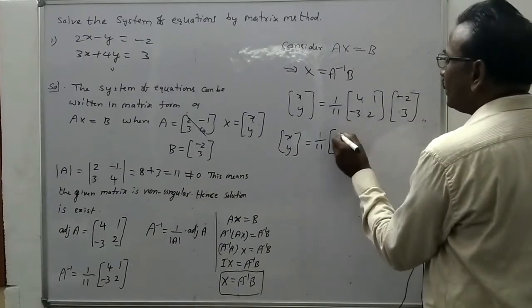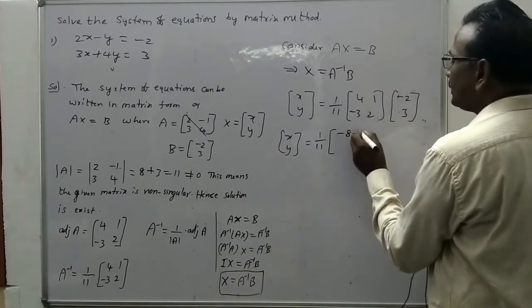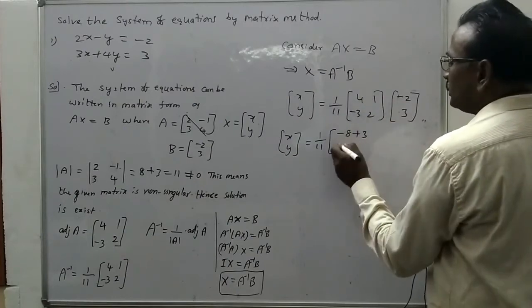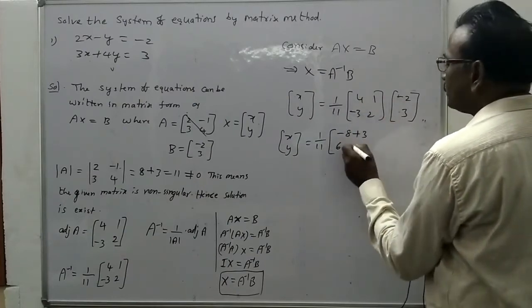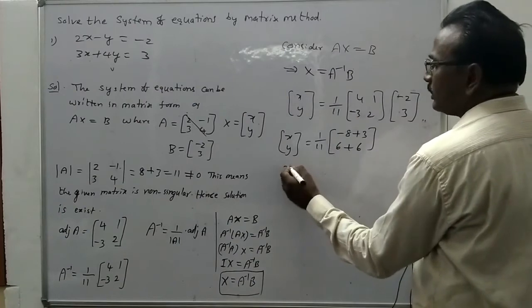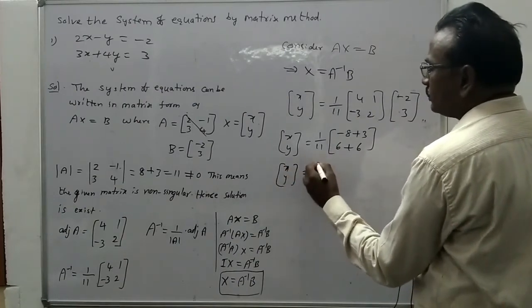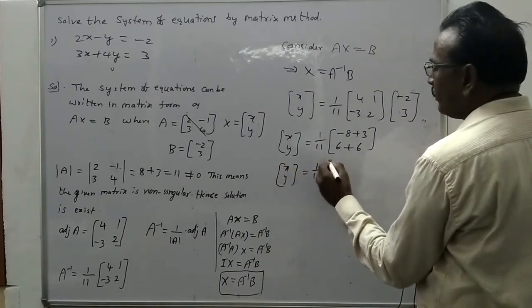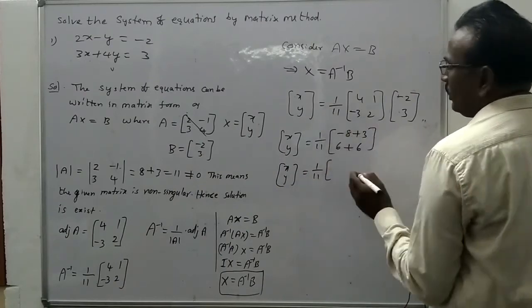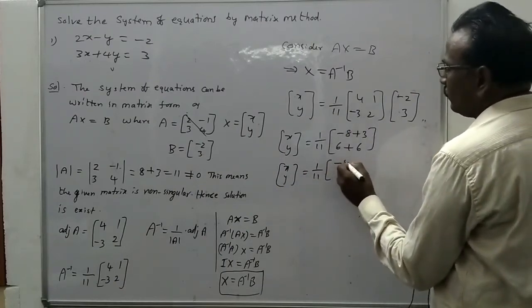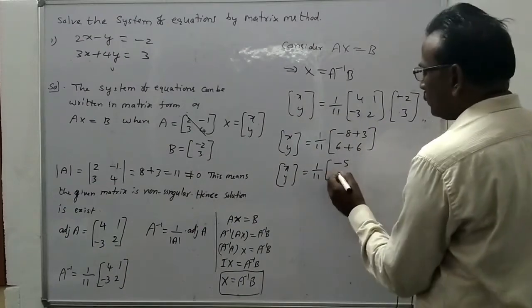4 into minus 2 is minus 8, 1 into 3 is plus 3, minus 3 into minus 2 is plus 6, plus 2 into 3 is plus 6. That is x, y is equal to 1 by 11 into minus 8 plus 3, minus 5, 6 plus 6, 12.